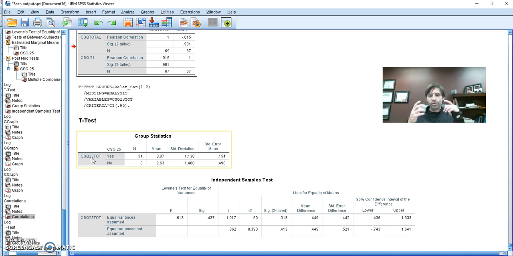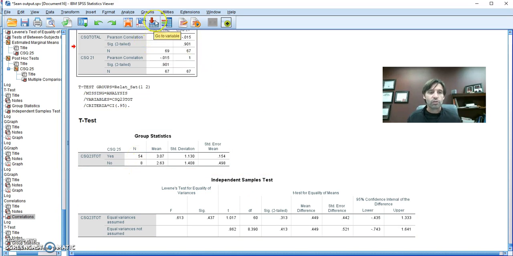In other words, if you chatted, if you Skyped, if you sent Snapchat messages, social media, Facebook, video chat. I mean, it's basically compiling the number of methods that you use to communicate with your partner. And so, again, it's looking at people who are satisfied. 54 yes, we're satisfied. 8 we're not.